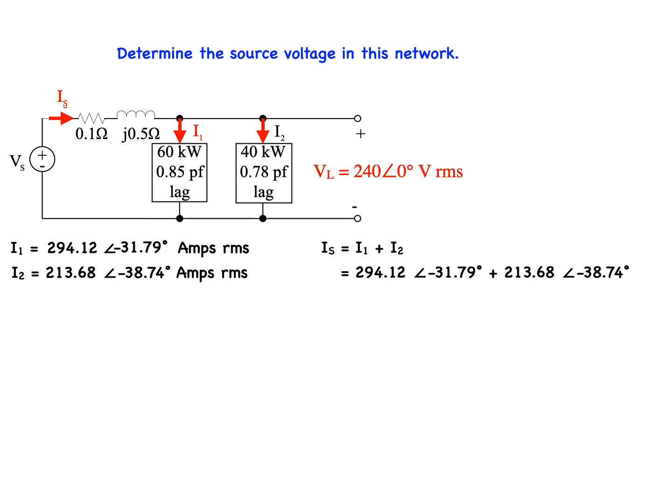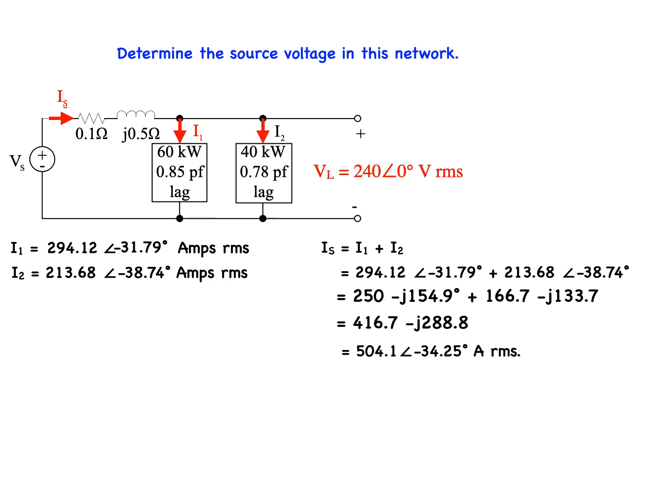Converting to rectangular coordinates in order to carry out the addition of these feeders, 250 minus j154.9 plus 166.7 minus j133.7, and adding them gives us 416.7 minus j288.8. Expressing this in polar coordinates, it equals 504.1 at minus 34.25 degrees amps RMS.